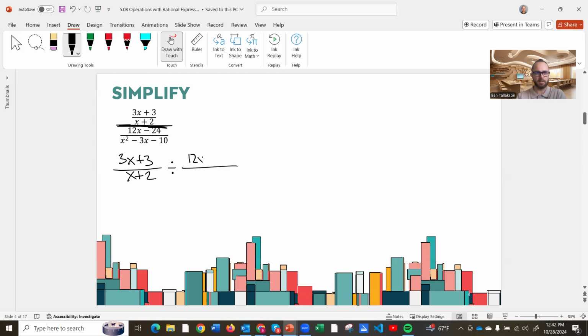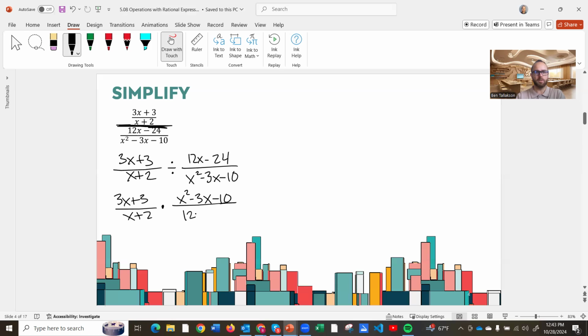Well, 12x minus 24 over x squared minus 3x minus 10. Now, just like we said a moment ago, we're going to keep the first fraction the same, change the sign, and flip.